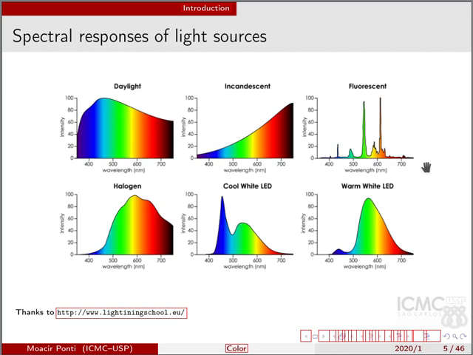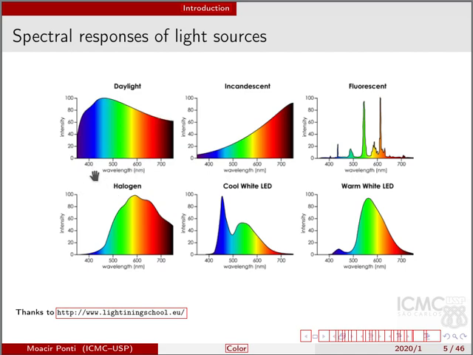So those waves are emitted using a source of light. The most relevant source of light is the sun. So when we say we have daylight, we have a spectrum that is similar to this one here on the top left hand side.